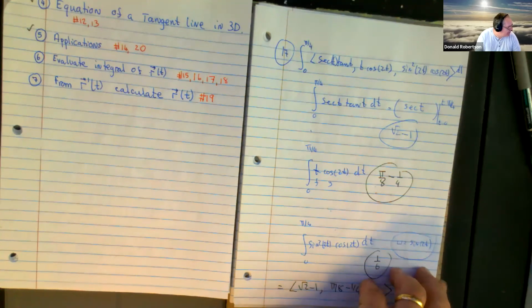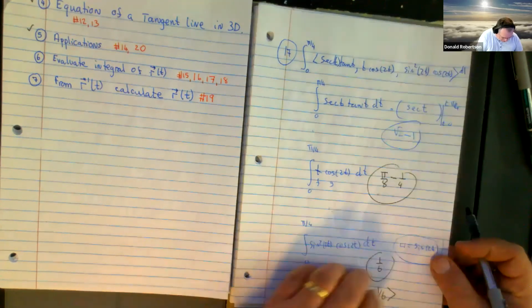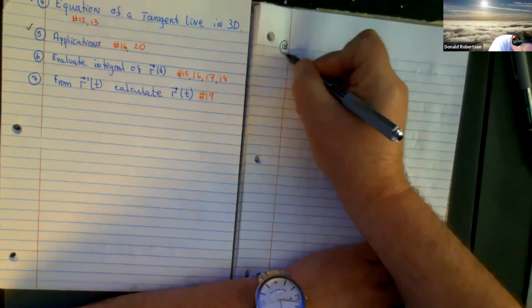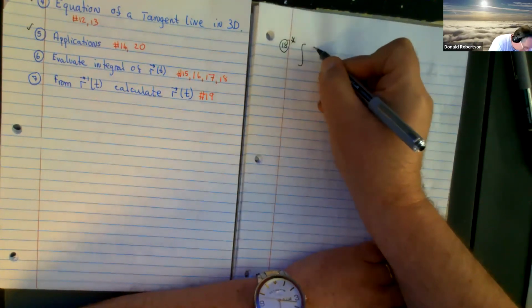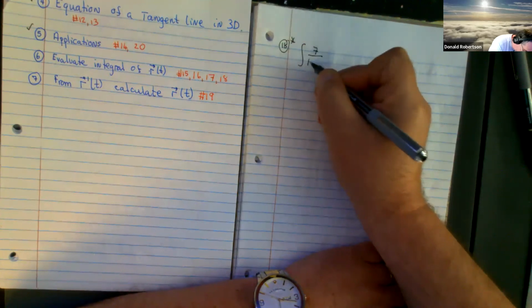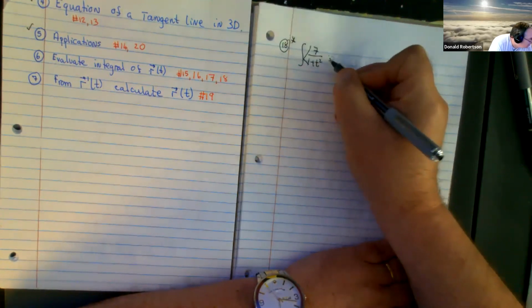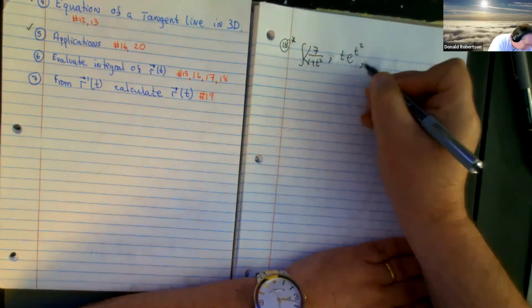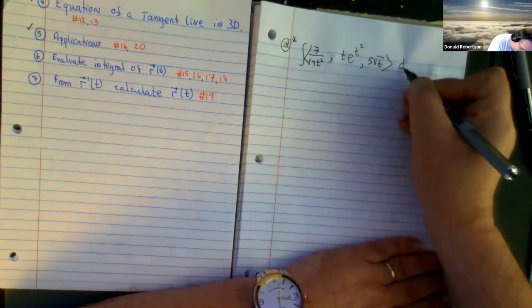Now let me see if I can pick a second one that is a little bit nicer. Again, I'm only going to get to the gist of them. So this is 18. We're doing the integral of 7 over 1 plus t squared, plus a t e to the t squared, and a 5 square root of t dt.